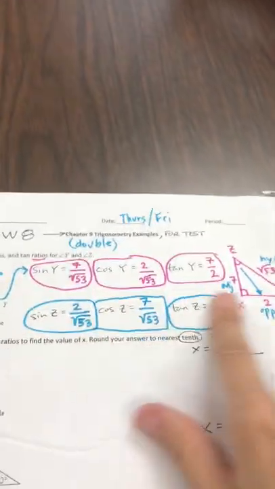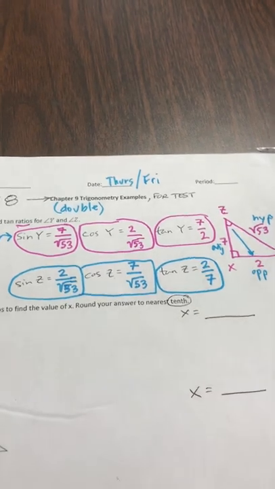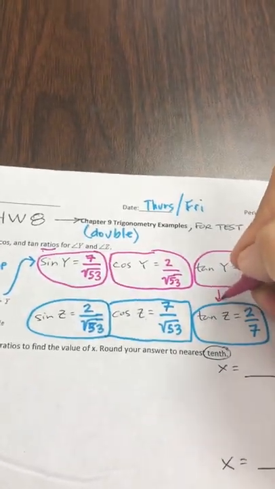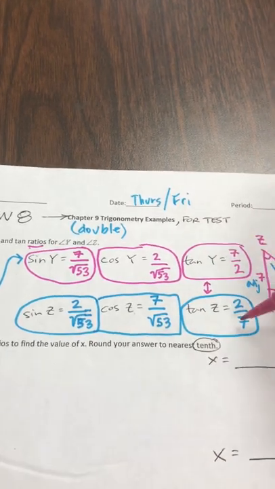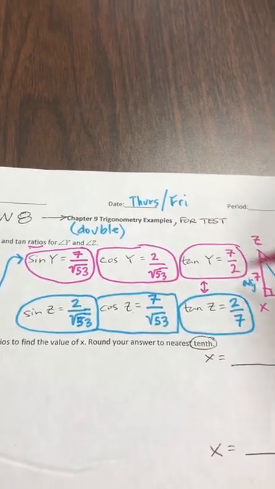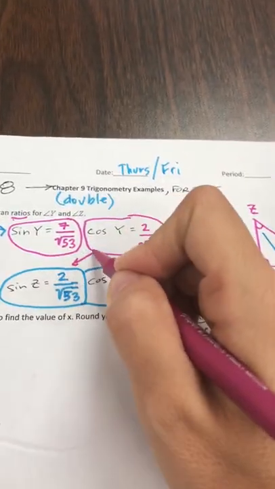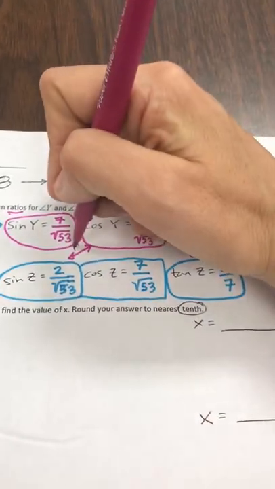The reason why we wrote these out is because as part of your homework, I wanted you to notice some patterns. Notice, depending on the angle we picked, these are reciprocals of each other. Also notice, depending on the angle we pick, these are a match and these are a match.